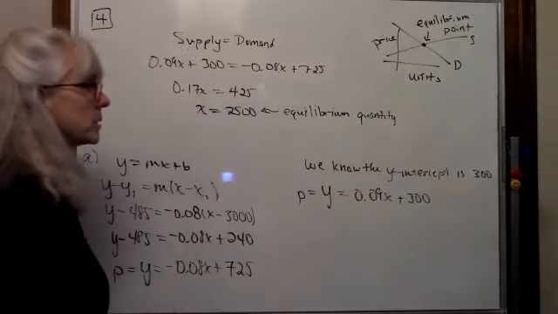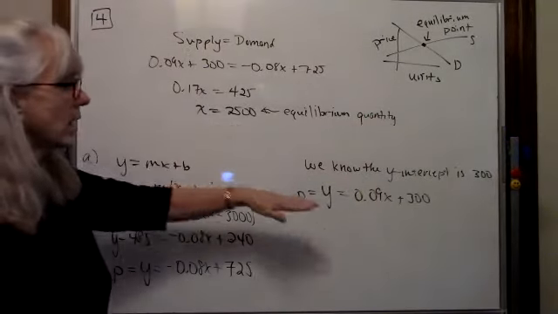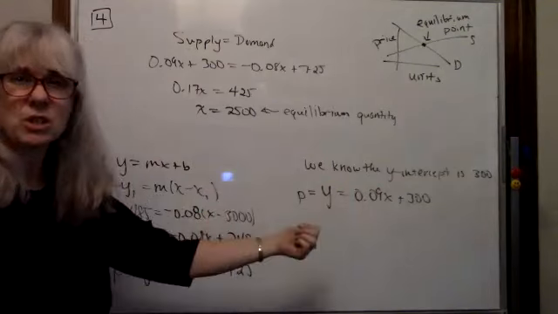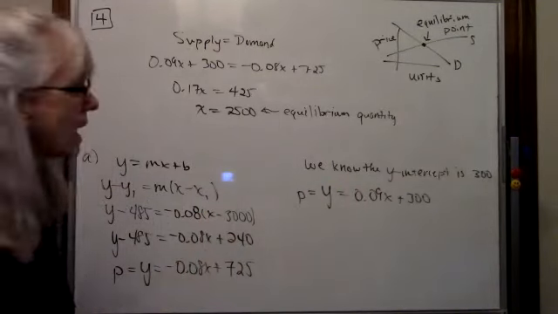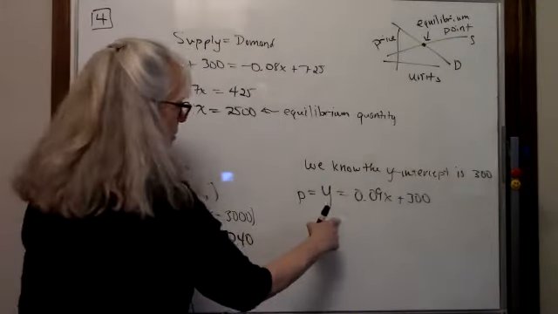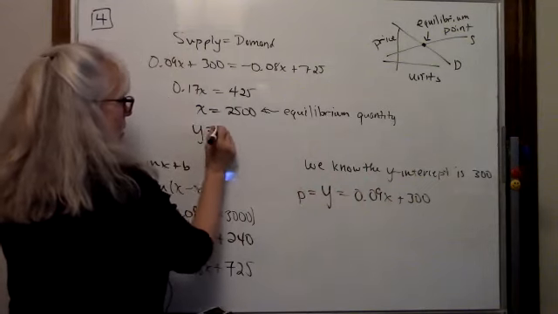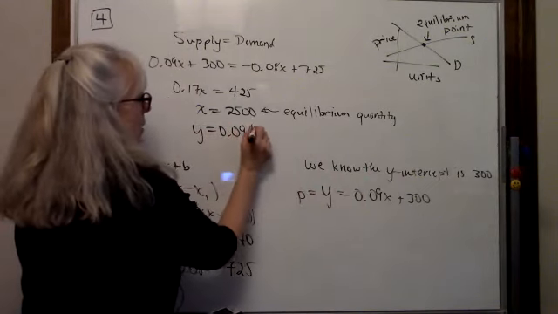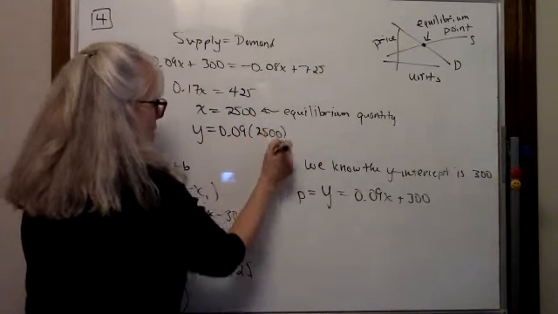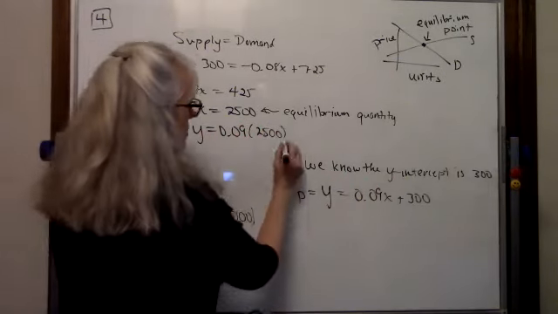Then to find the equilibrium price, all we need to do is take that 2,500 and plug it back into either equation, supply or demand. Your choice does not matter, but this one's easier to plug into, so I'm going to pick it. So y equals 0.09x plus 300. And why is it easier? Because it does not have a negative out in front of that slope.